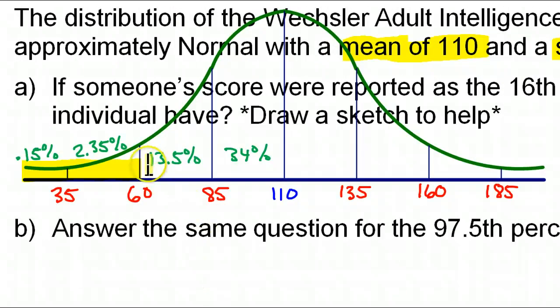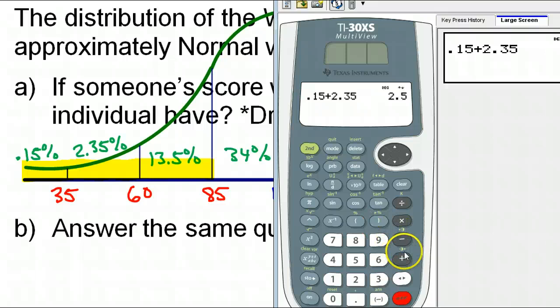I'm shooting for the 16th percentile, so I must clearly keep going. If I add one more zone, so I take my 2.5 and add the next zone, which is 13.5, and boom, there I have 16%.